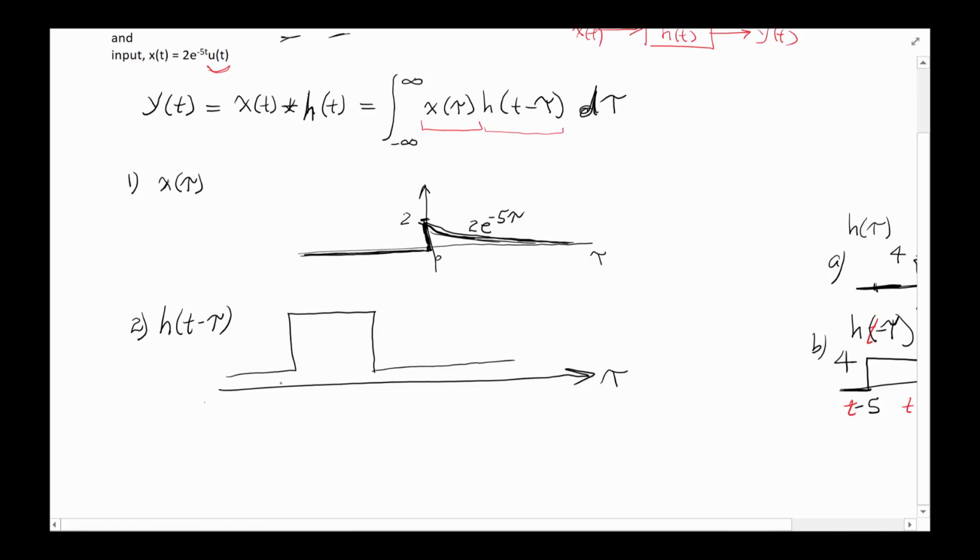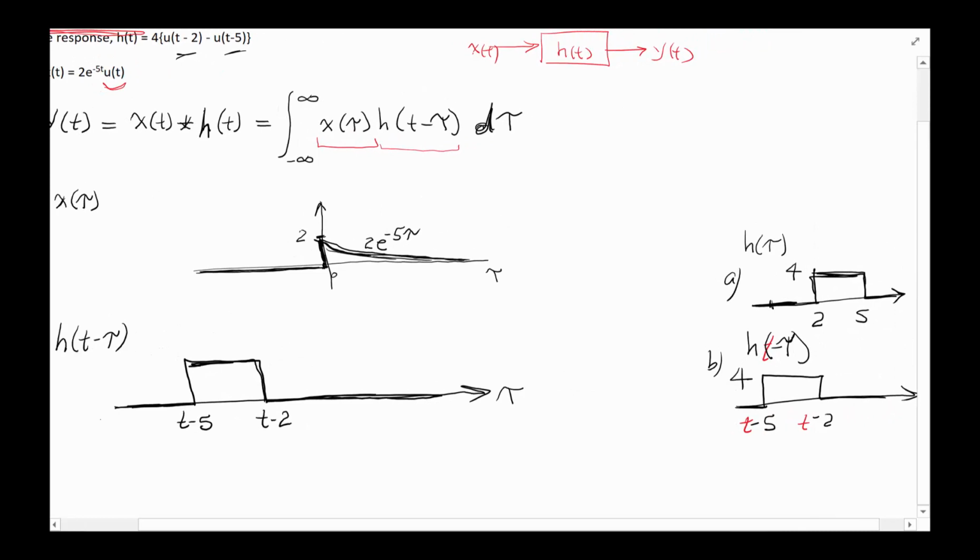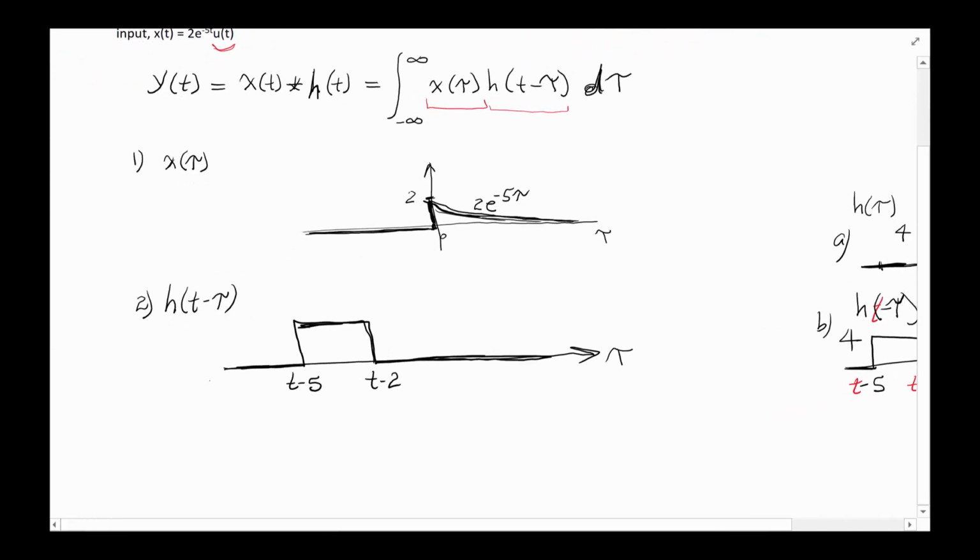Actually, I should have drawn this all the way back to 0. So it comes here, pops up, pops back down, and there is my signal. This happens at t minus 5, this happens at t minus 2. Okay, so step A, step B, and finally step C.